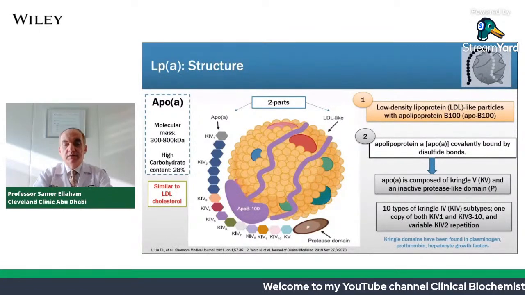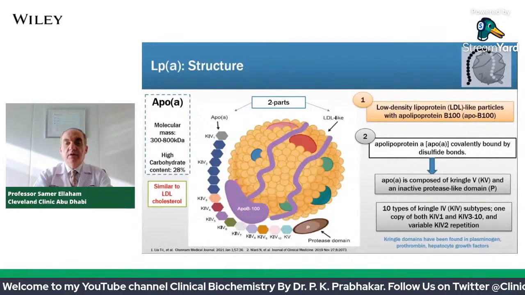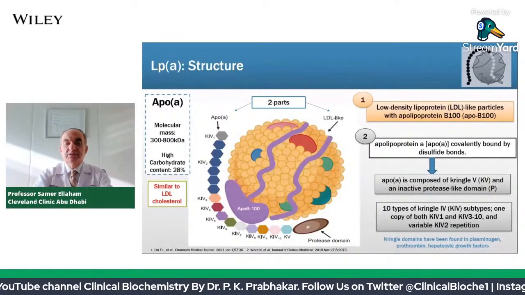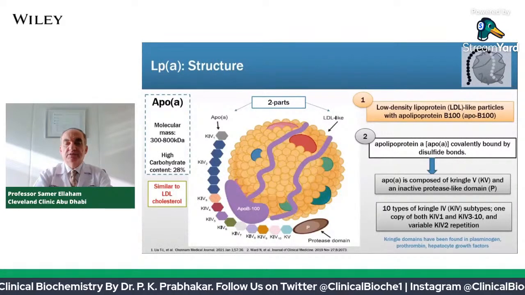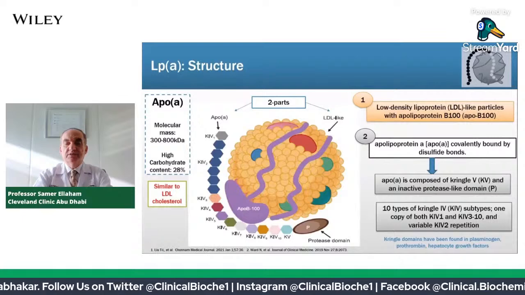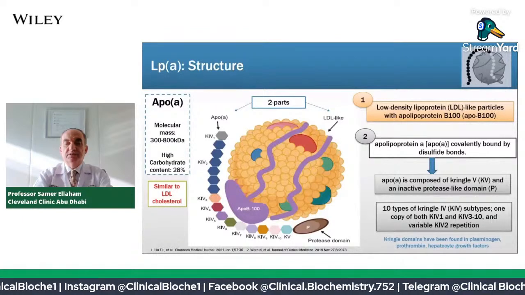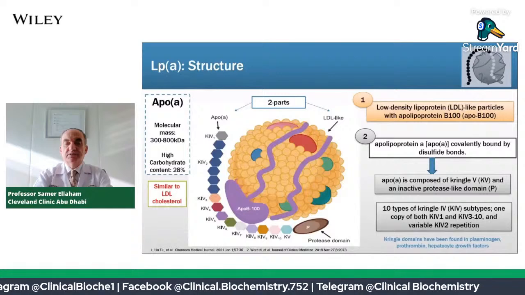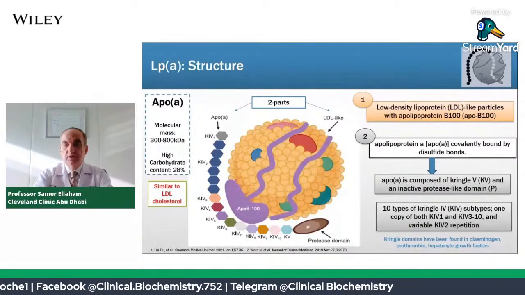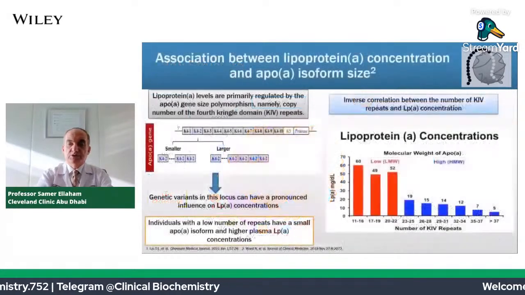There are many kringles, and depending on the size of the kringles, the frequency of the kringles, and many other congenital factors, this structure will give us even more interesting pathophysiological concerns.